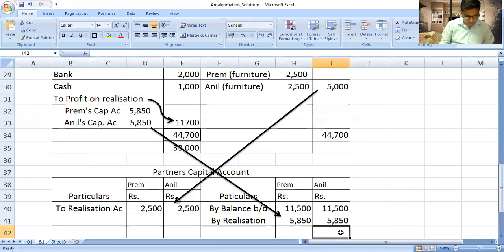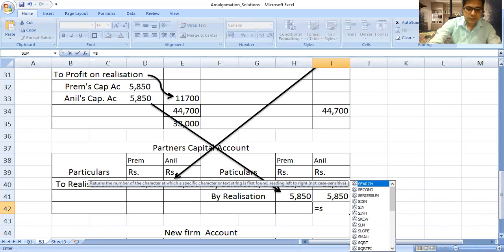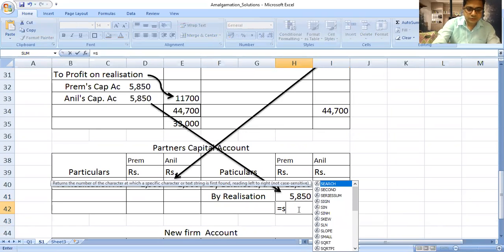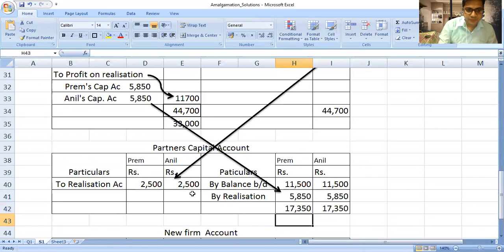After recording this, now we have to close partners capital account. Sum 17,350, same amount we have to consider 17,350.